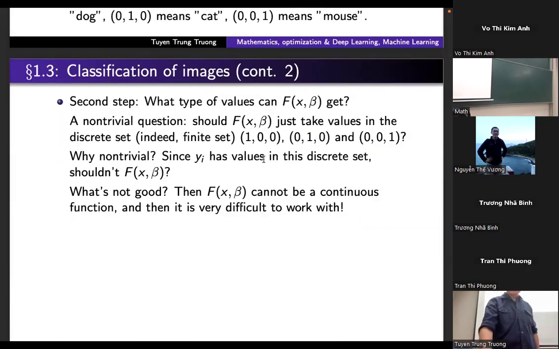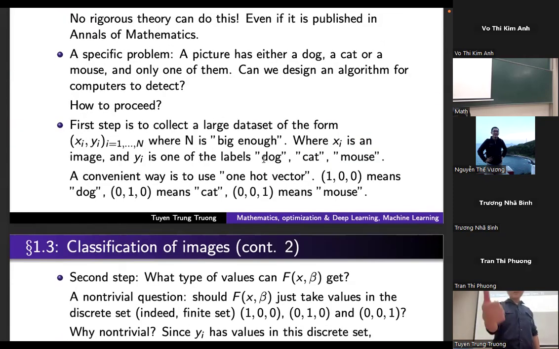Now, the second question you can ask is that now I will try to find some function f. For now I don't care what f is, but what I care about is what values f should take. Maybe you think that because the labels are 1, 0, 0, 0, 1, 0, and 0, 0, 1, the values of f should be only these 3, just a finite set.